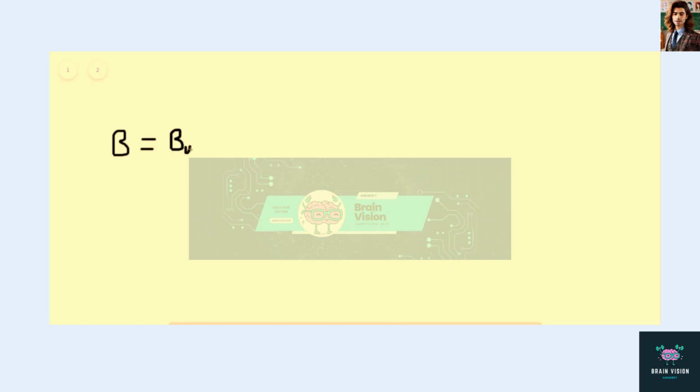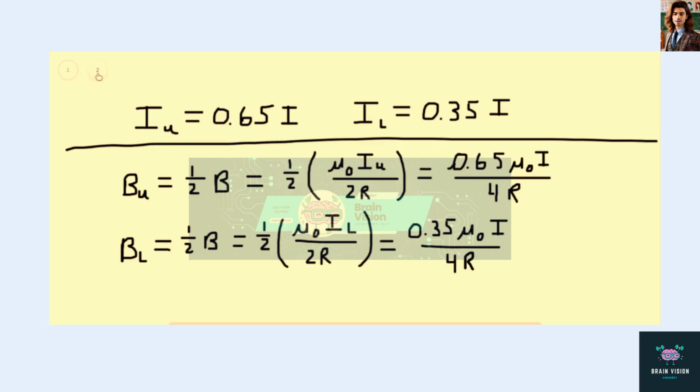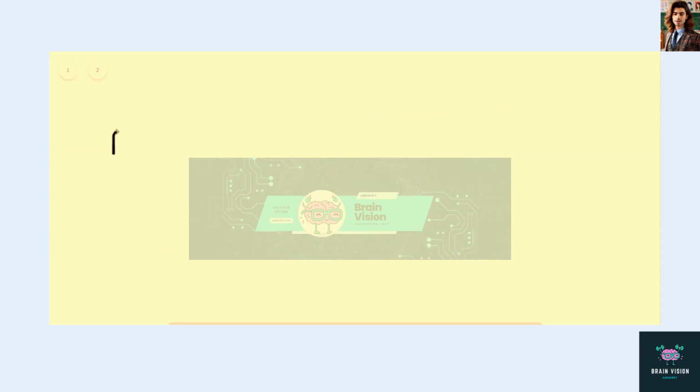So if you curl your fingers around the top loop, the magnetic field points into the page. If you curl your fingers around the bottom loop, the magnetic field points out of the page. So what we want to do is take the total magnetic field, B, to be equal to the upper portion, B sub U, minus the lower portion, B sub L.